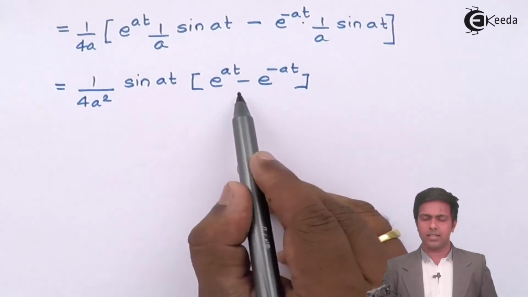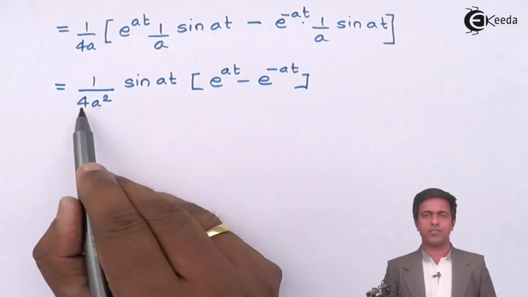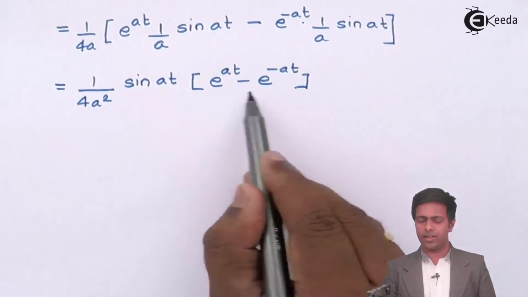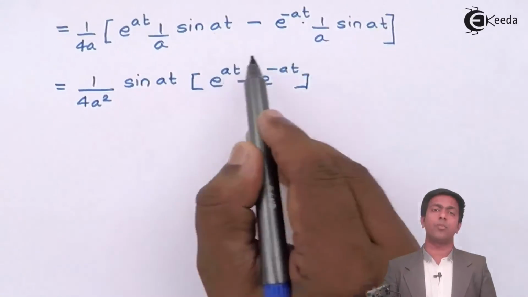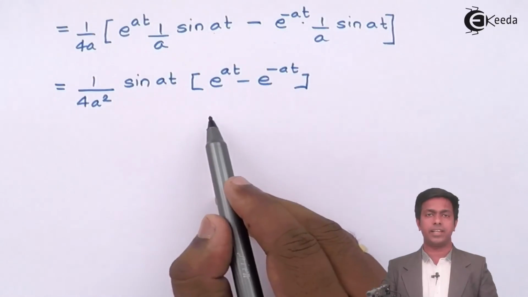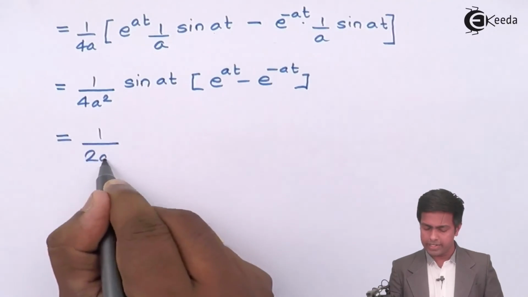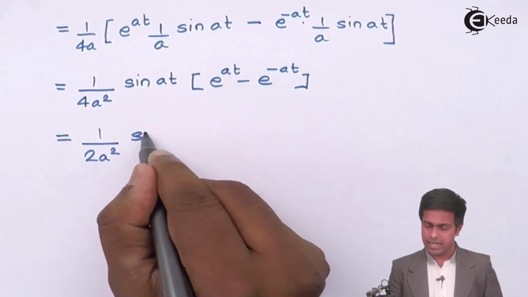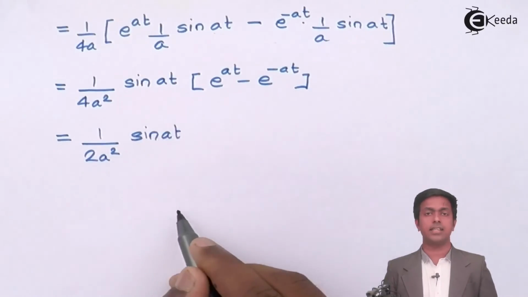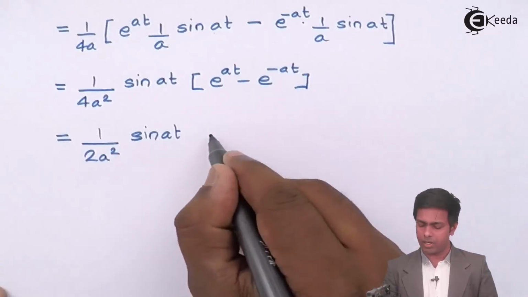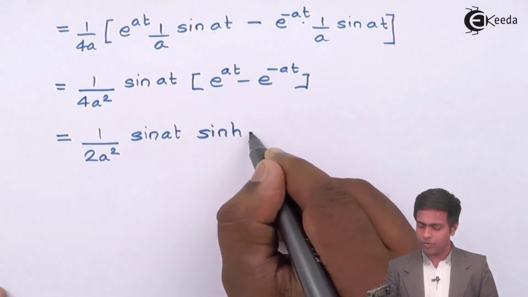For that reason, I'll divide this 4 into 2 parts, that is 2 into 2, and I'll take one 2 inside here, so that here I'll get the formula of hyperbolic sine at. So this will become 1 upon 2a square sine at as it is, and one 2 will go inside, will divide here, and that will become hyperbolic sine of at.